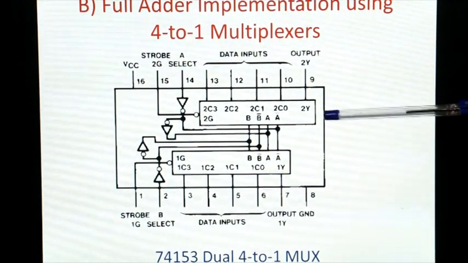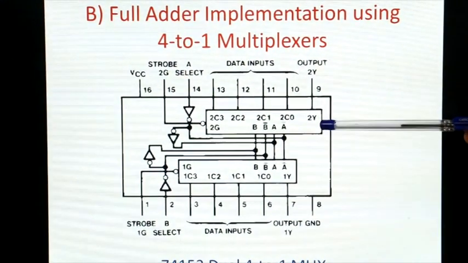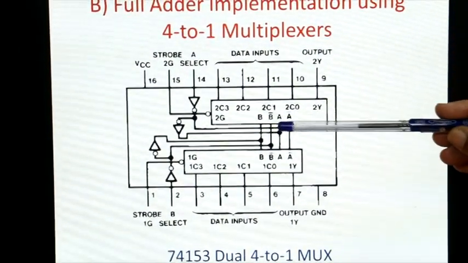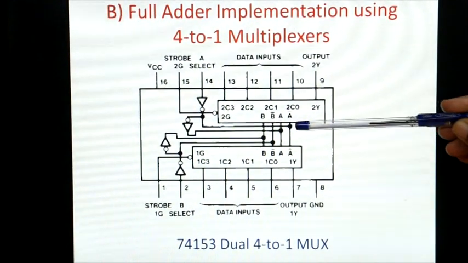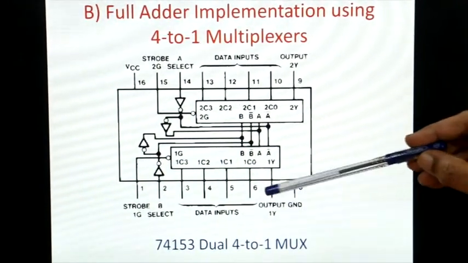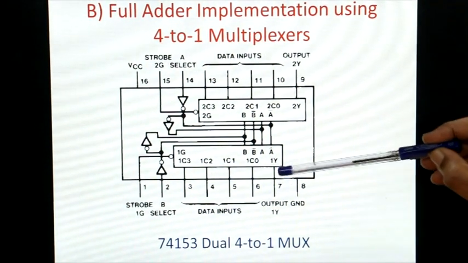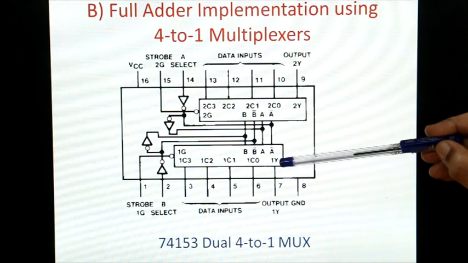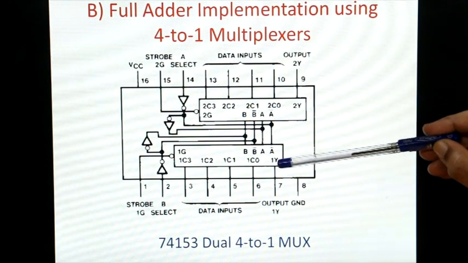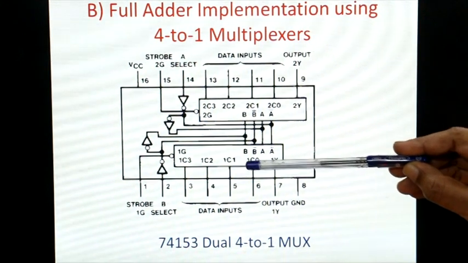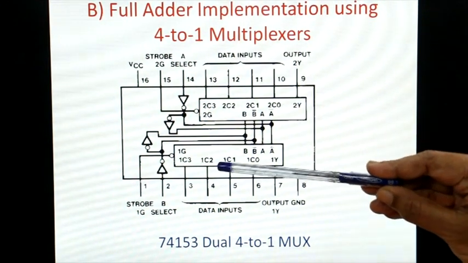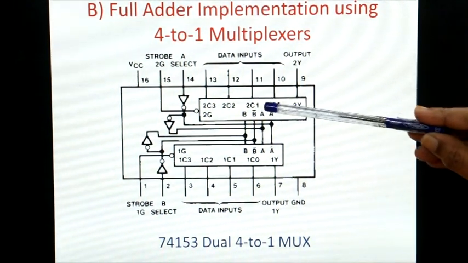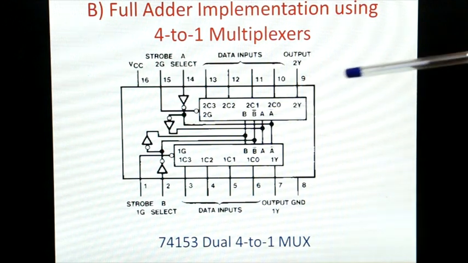This particular IC has two 4 to 1 multiplexers inside, and both of them share the same address inputs or select inputs, and then it has separate data inputs, C0, C1, C2 and C3. To distinguish between these two multiplexers, one of them is written 1C0, 1C1, 1C2 and 1C3. The second one is written as 2C0, 2C1, 2C2 and 2C3.